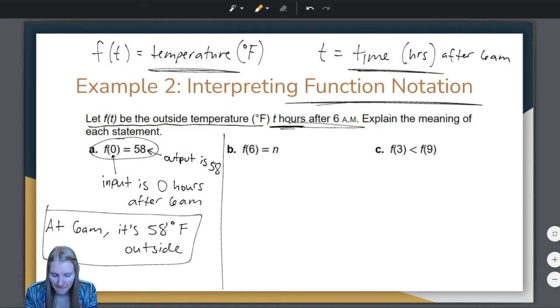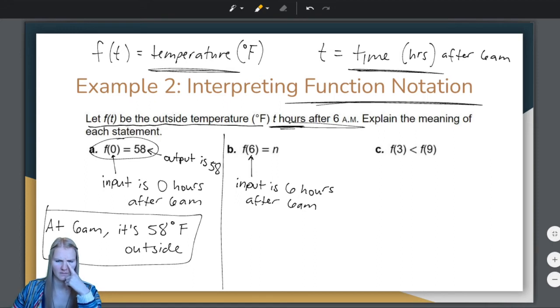So, f of 6. The input is 6. So, we're talking 6 hours after 6 a.m. What time is it if we're 6 hours after 6 a.m.? Let's see. 6 a.m., 7 a.m., 8 a.m., 9 a.m., 10 a.m., 11 a.m., 12 p.m. So it's noon. 6 hours after 6 a.m., it's noon.